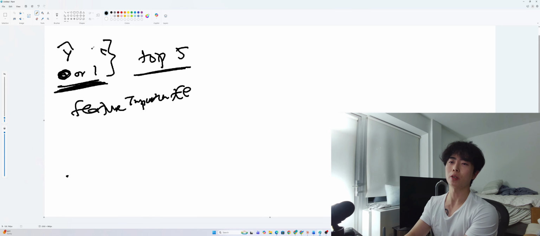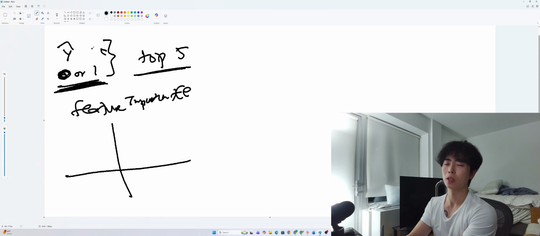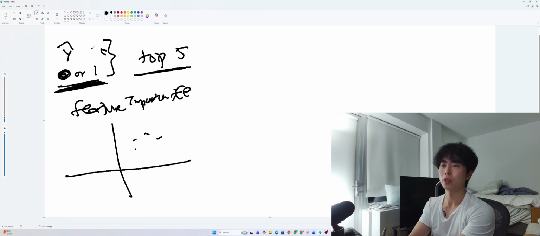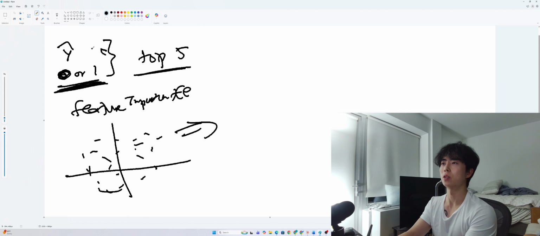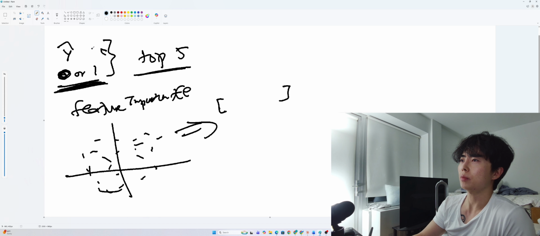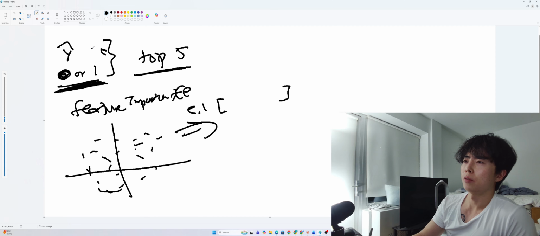The purpose of PCA is to capture as much of the variance as possible. If there are so many features, we basically transform this into eigenvalues and eigenvectors.